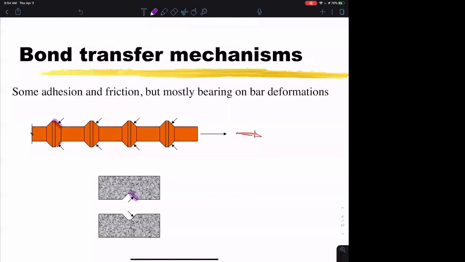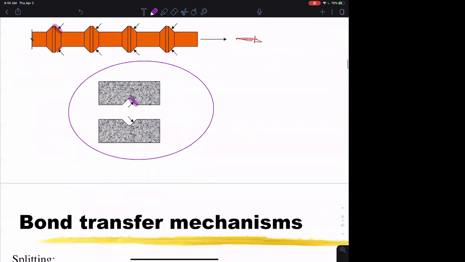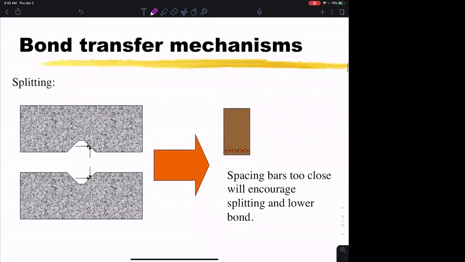So you're going to pull the bar out and it's pushing on the concrete. Okay, the concrete pushes on the bar, the bar pushes on the concrete. And let's look at this a little more carefully. So if you take this reaction here and you break it up into its components, let me try that again.